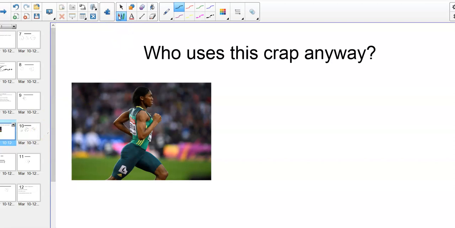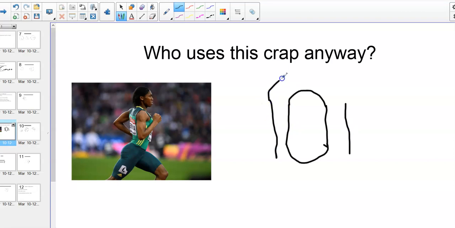So, racers use this all the time. If you look at a track, it looks a little something like this. And then you've got this bigger part. And in a race, they all use the same finish line.